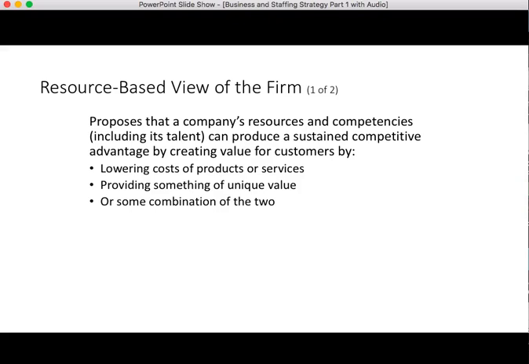All of those things are the things that help us to gain a competitive advantage. And so it's about how we leverage our resources and how we utilize our resources to basically achieve one of those criteria.